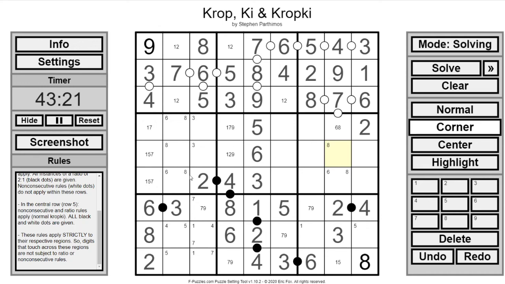We got an X-wing on the 6s. We've got 2 left in these 2 spots.